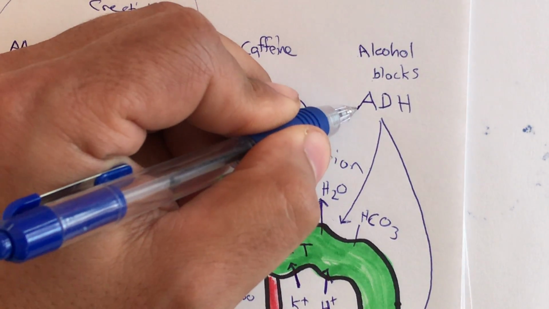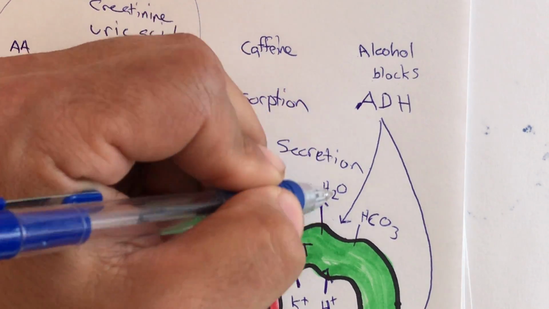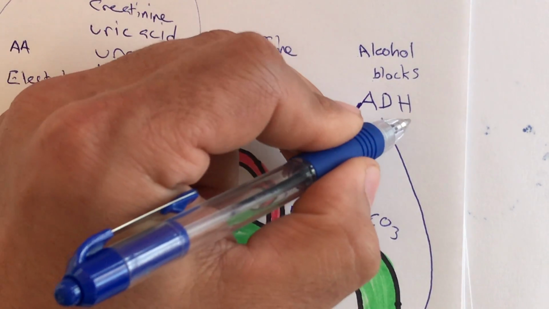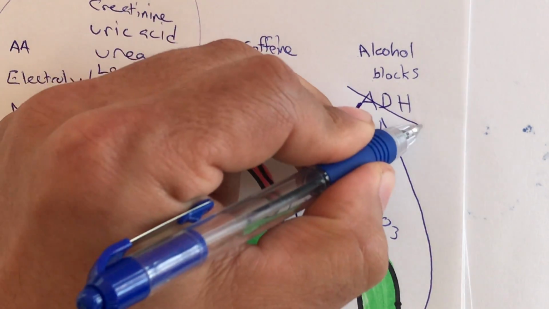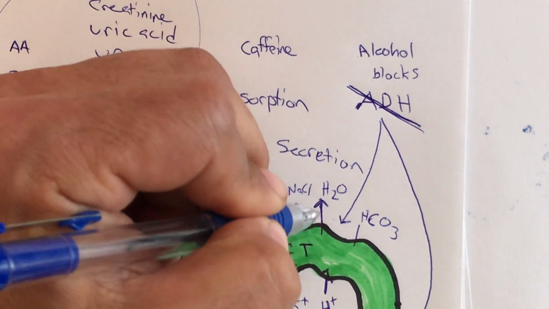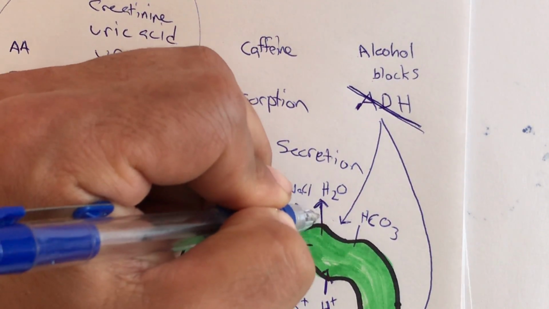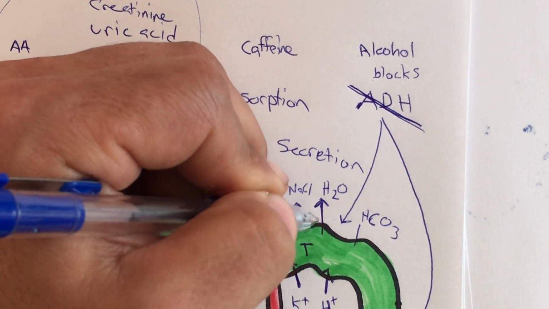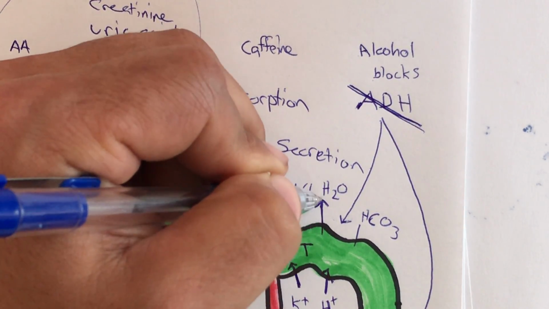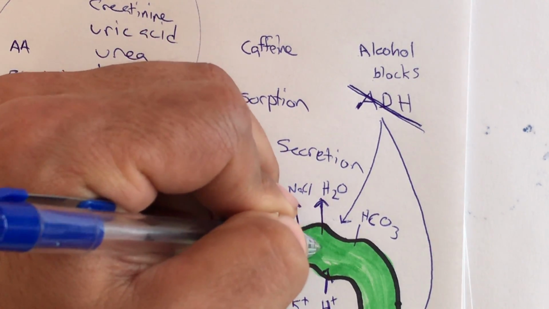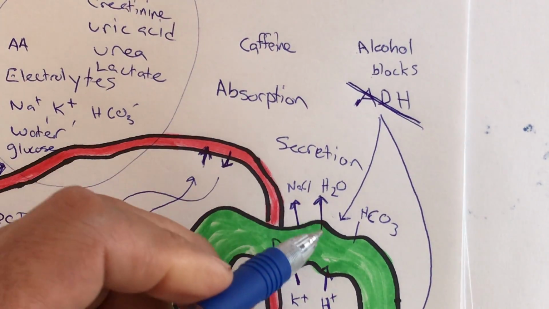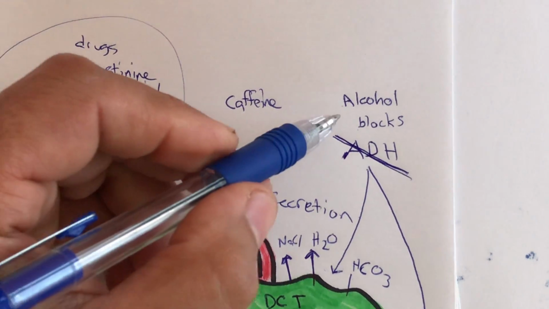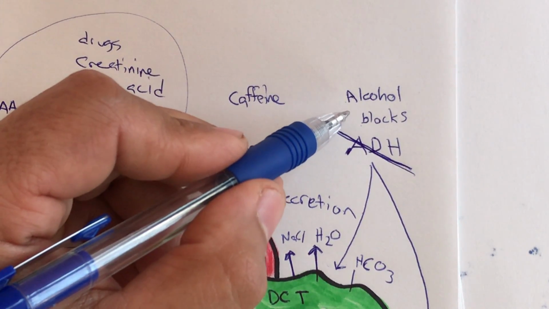If alcohol blocks this hormone, then we don't have a way to reabsorb that extra last 15% of water. In other words, it won't be reabsorbed. It'll stay in the tube and it will be urinated out. That is how alcohol dehydrates us.